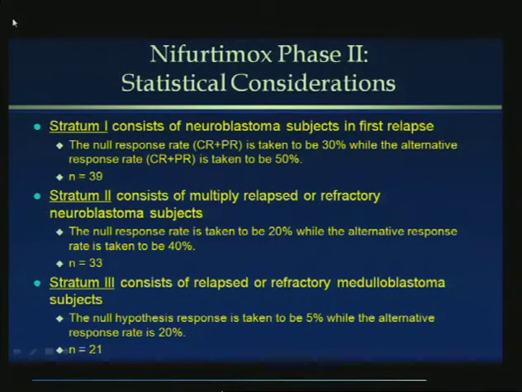And the sample size and the responses were really taken, again, from historical data for the responses in that group. So in first relapse, where the response rate was felt to be about 30%, we felt a clinically significant response would be 50%, multiply relapsed patients less responsive, and the medulloblastoma even less responsive.